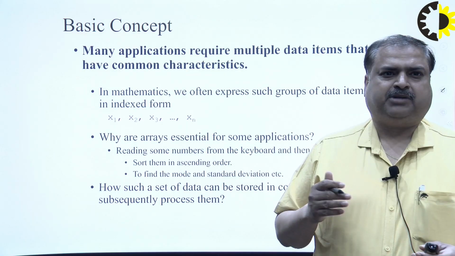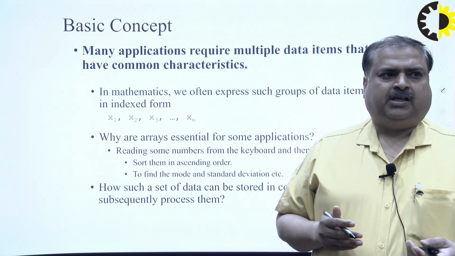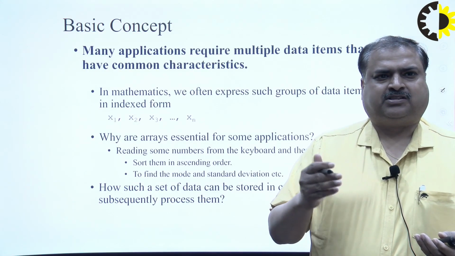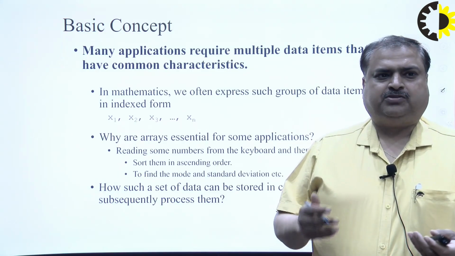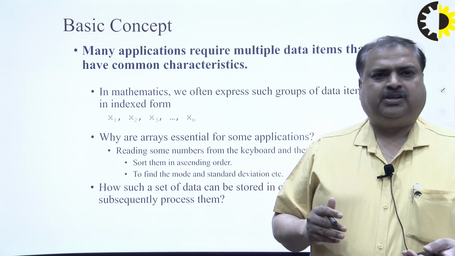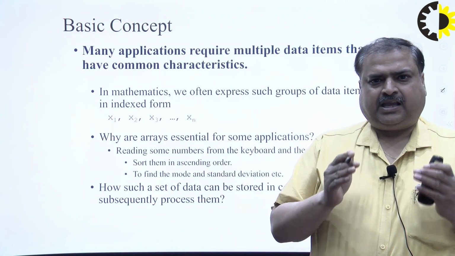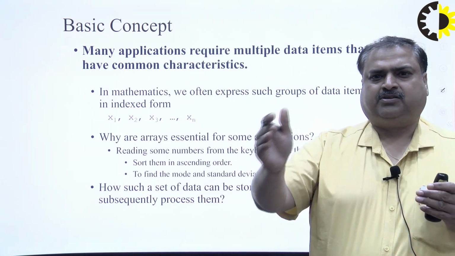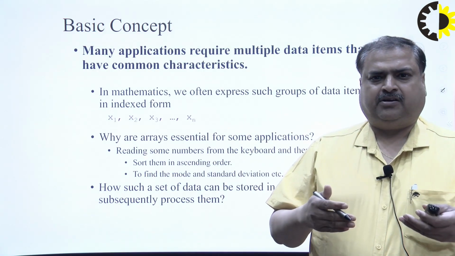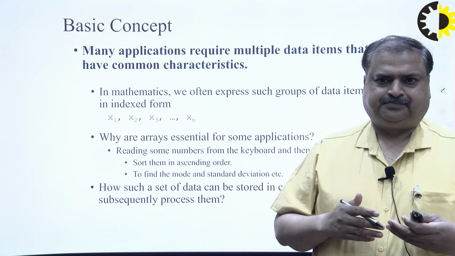For example, in mathematics problems, we require variables like x1, x2, x3 up to xn. All these x1, x2, x3 belong to the same category. So in such cases, if we require a series of elements of the same type, how can it be done in the C programming language?